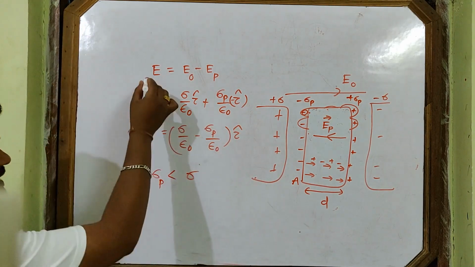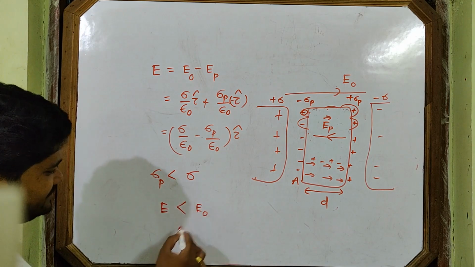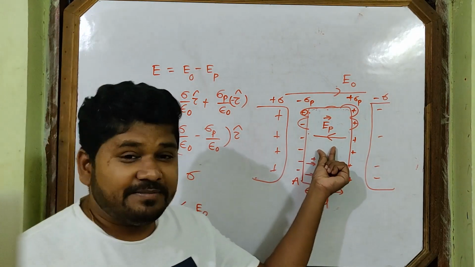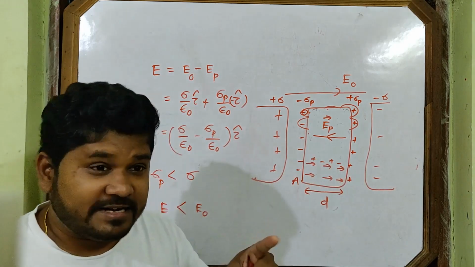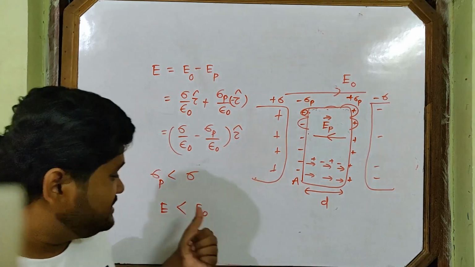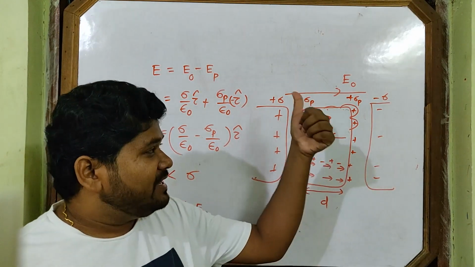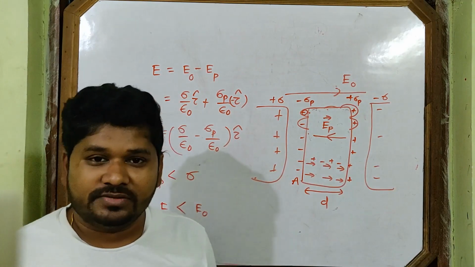What about the electric field inside the dielectric? So E is always less than E naught. The net electric field inside the dielectric, I am not telling EP, I am telling after subtraction, this net electric field is always less than E naught.